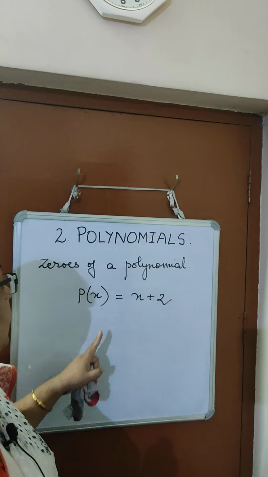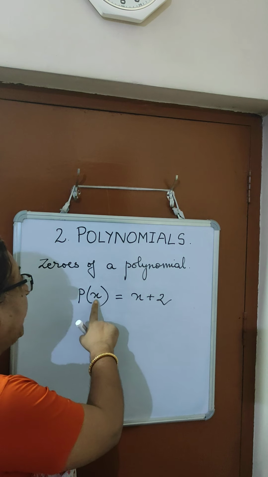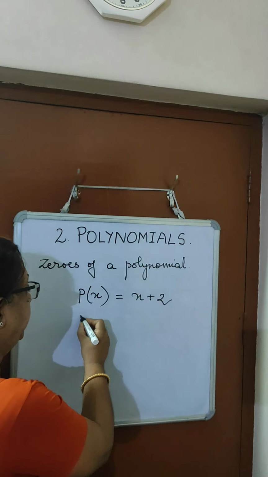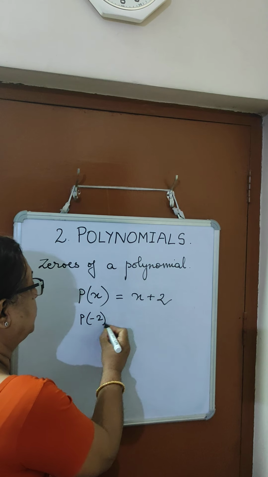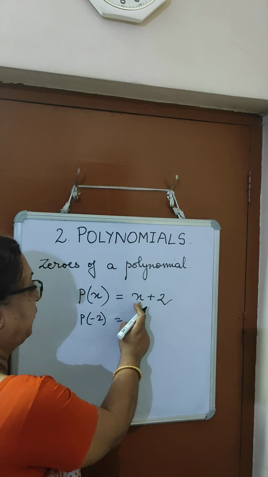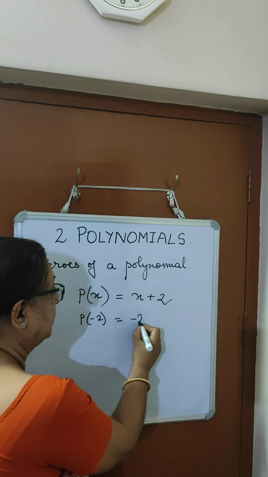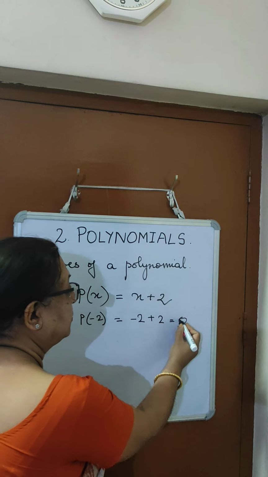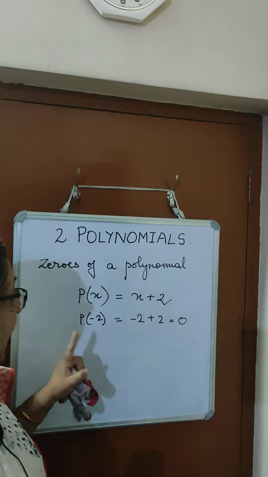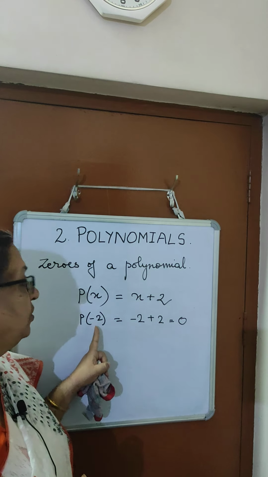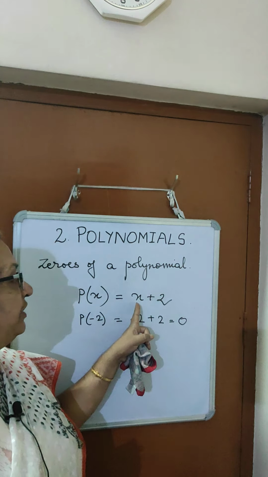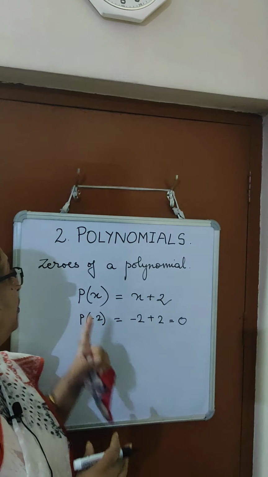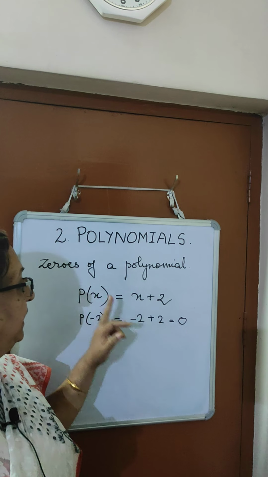Now, suppose in place of x, I put minus 2. So, p(minus 2). So, here in place of x, I put minus 2. Minus 2 plus 2 equal to 0. So, I say minus 2 is a 0 of the polynomial x plus 2. Okay. So, what do we mean by zeros of a polynomial?